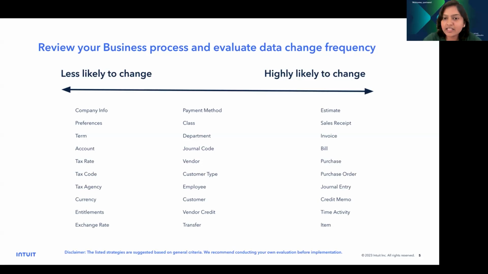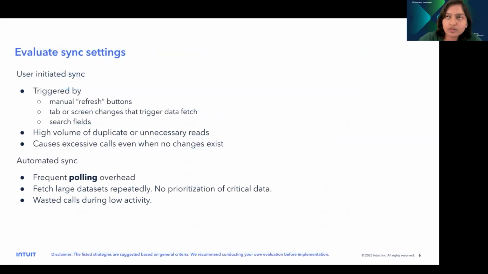Now, once you've categorized the frequency of changes or how many times you might need to read these endpoints, the next step would also be to look at the sync settings for your application. What is the methodology based on which you're doing the sync? Are you doing user initiated syncs every time a user refreshes a page, or is there a manual refresh button that triggers the syncs?